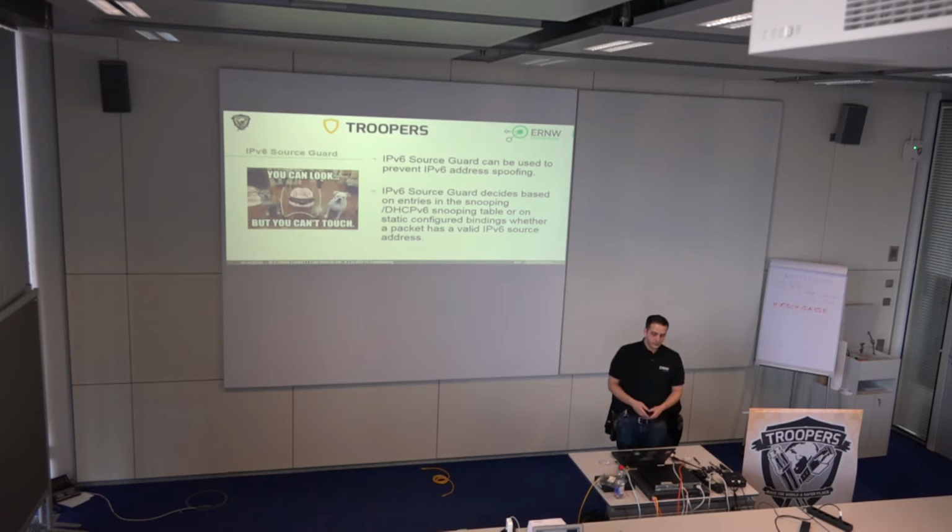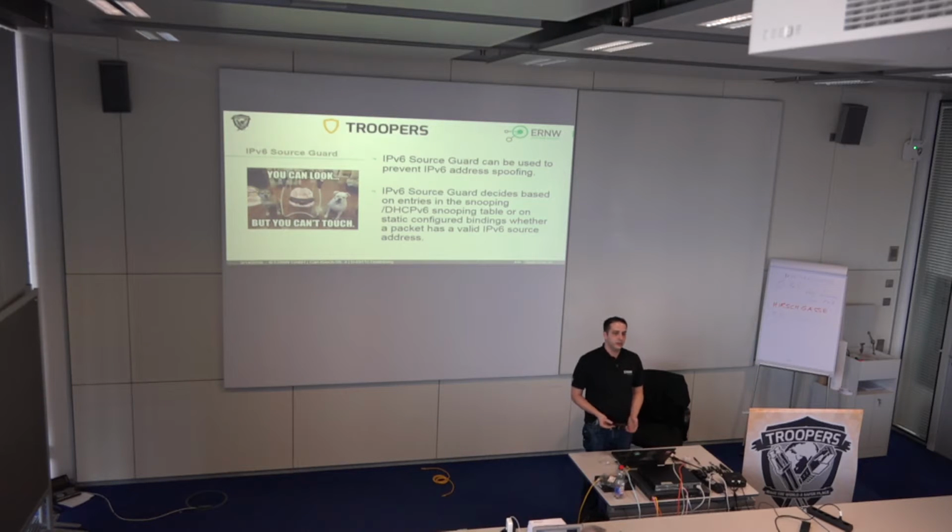And then we have, of course, IPv6 SourceGuard. SourceGuard can be used, as I already said, to prevent IPv6 address spoofing. The decision whether an IPv6 address is spoofed or not is based on the ND snooping entries, the DHCP snooping entries, or static configured bindings on the switch. So when a packet comes in, the switch has to determine based on these three sources whether the source IPv6 address is valid or not. If it's not valid, of course, the packet gets discarded. Otherwise, it will get forwarded.